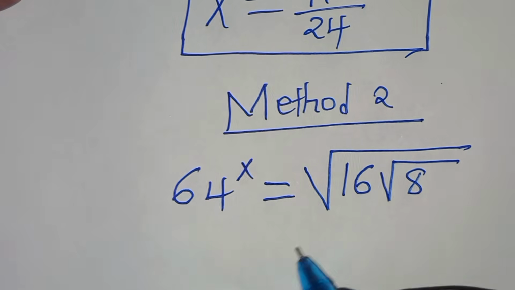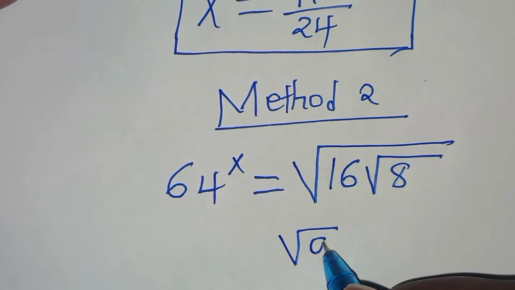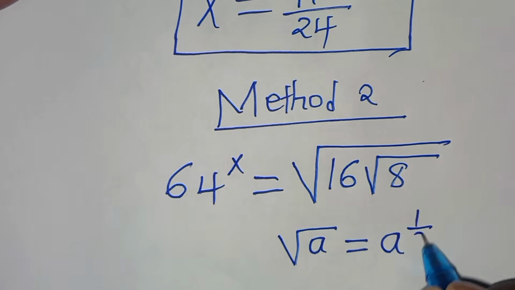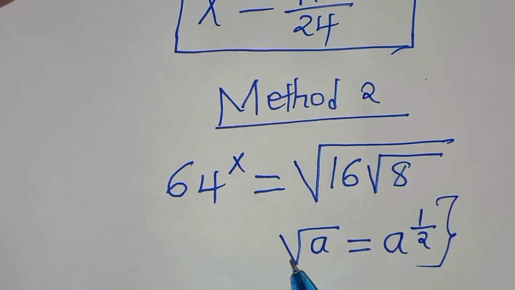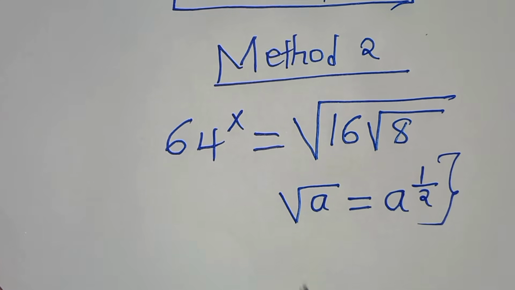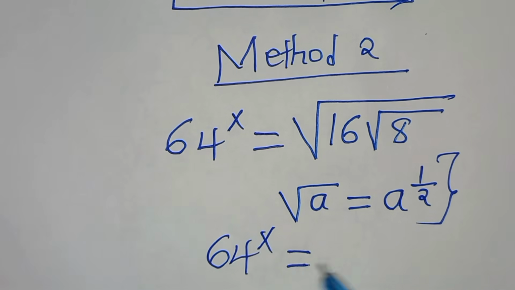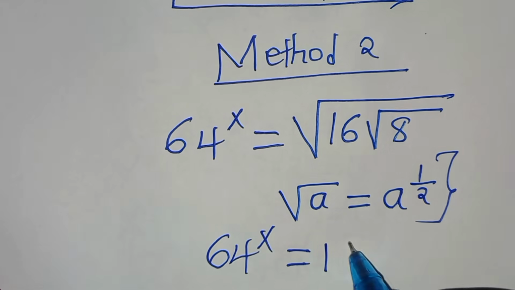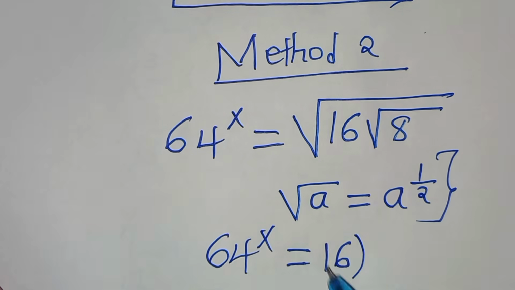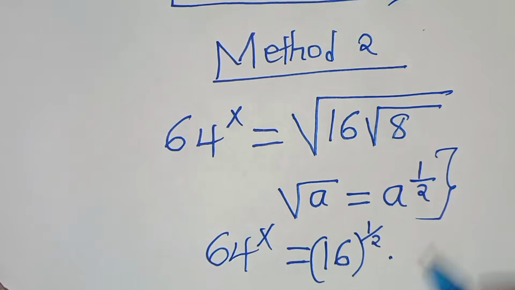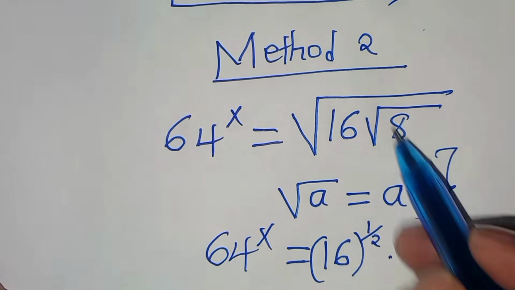We have that the square root of a is the same thing as a raised to the power of a half. Applying this property, we have 64 raised to the power of x equal to 16 raised to the power of a half, multiplied by 8, which is raised to 2.